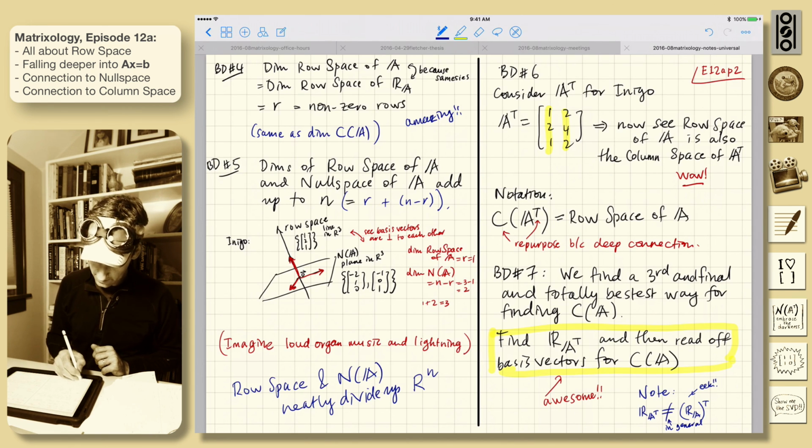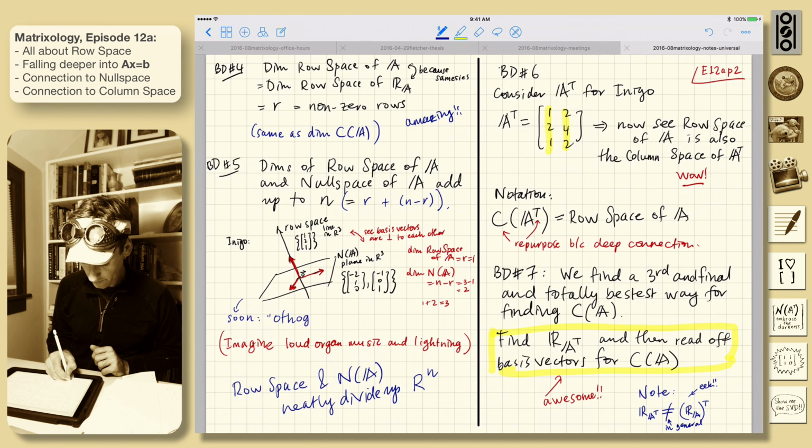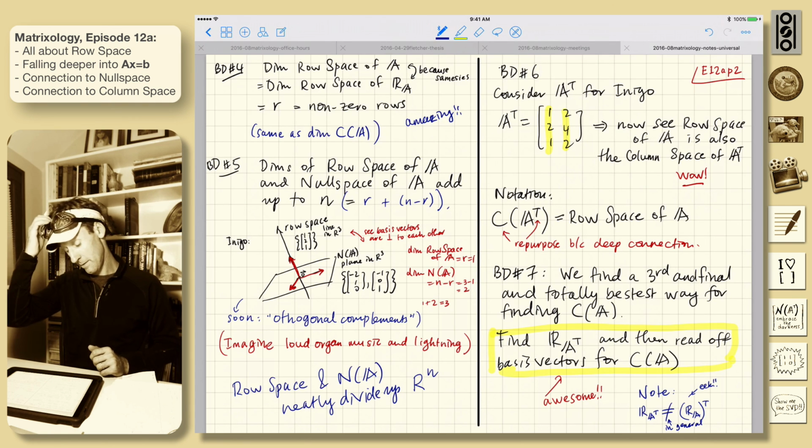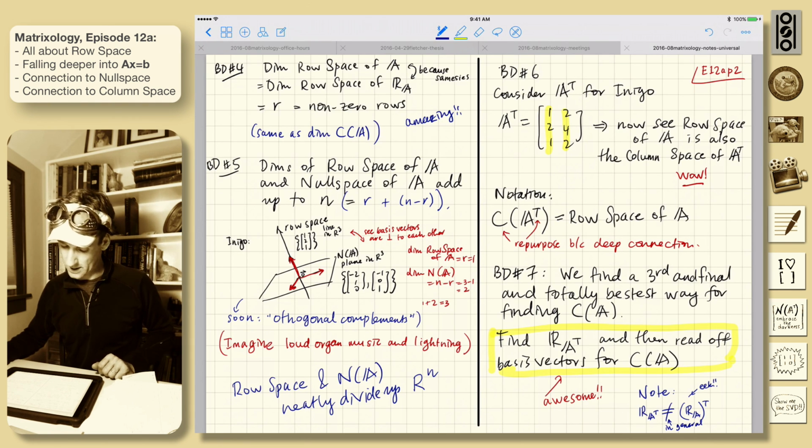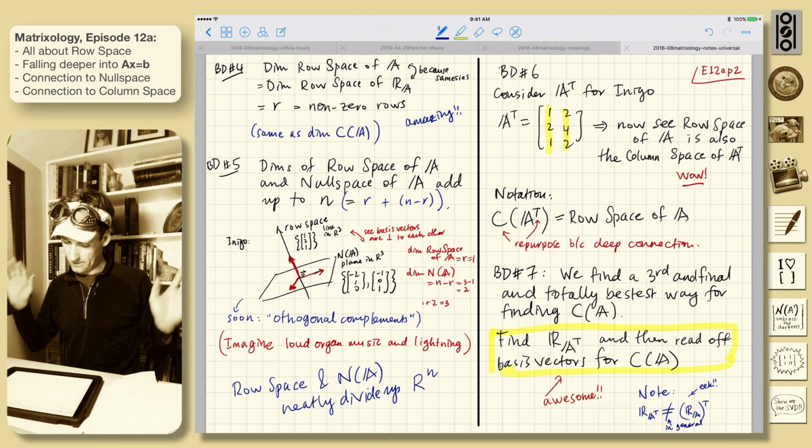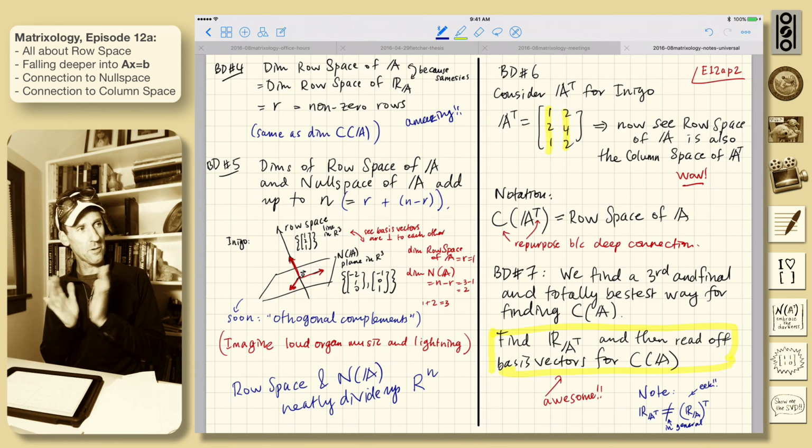Soon we'll talk about these as being orthogonal complements. And that doesn't mean nice things you say to people. That could be interpreted in different ways. But these subspaces are orthogonal complements. They neatly divide up the space.